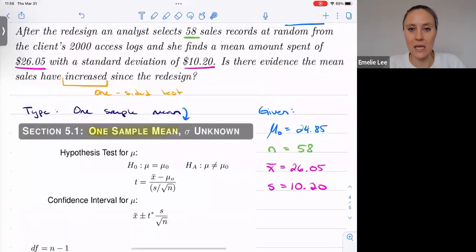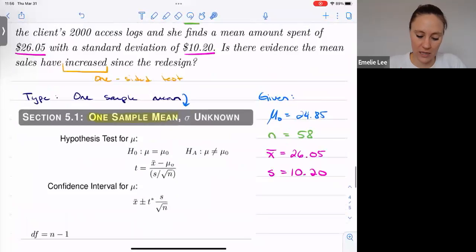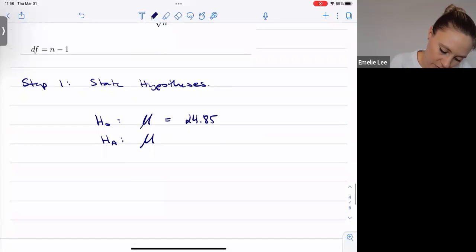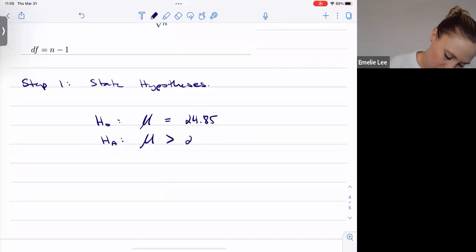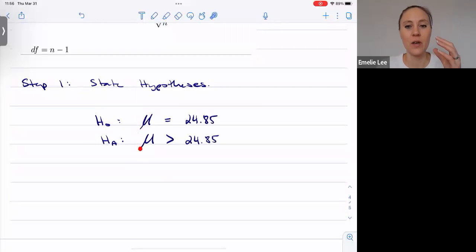So is the mean now larger, significantly larger, than 2485? Whatever we have here, we have to talk about in both hypotheses, and whatever the null value is has to be the same for both hypotheses, right? And so once you've decided your null hypothesis, the only thing that changes is the sign. Everything else stays the same.